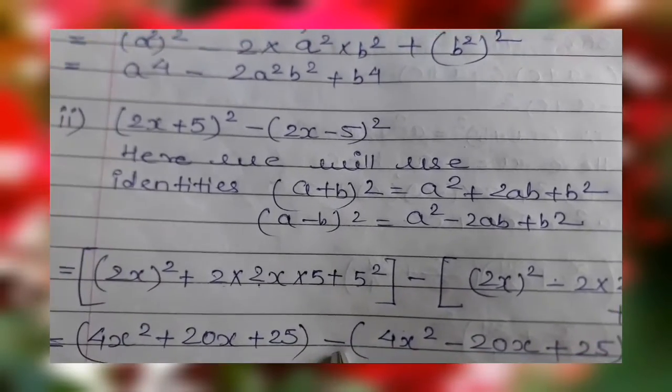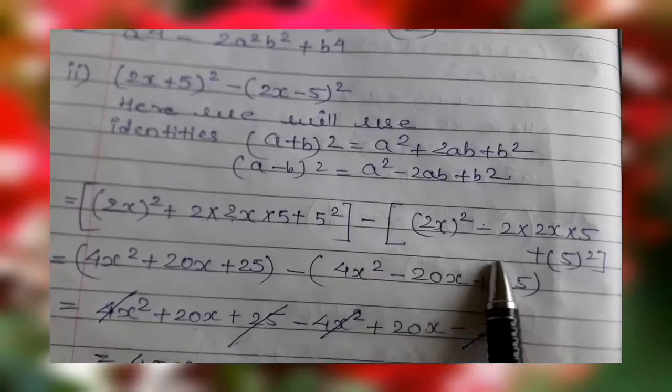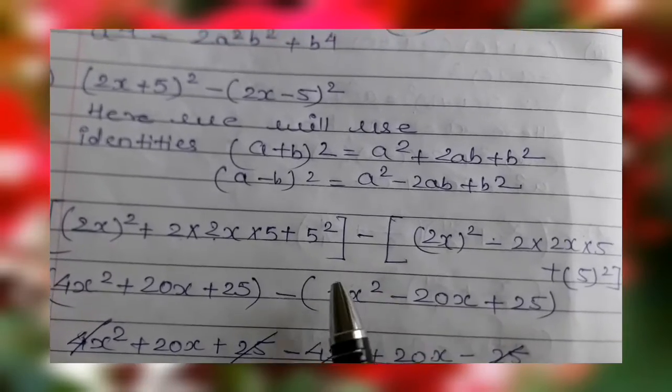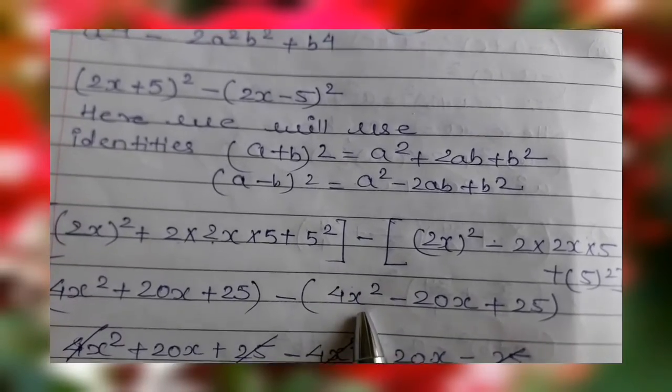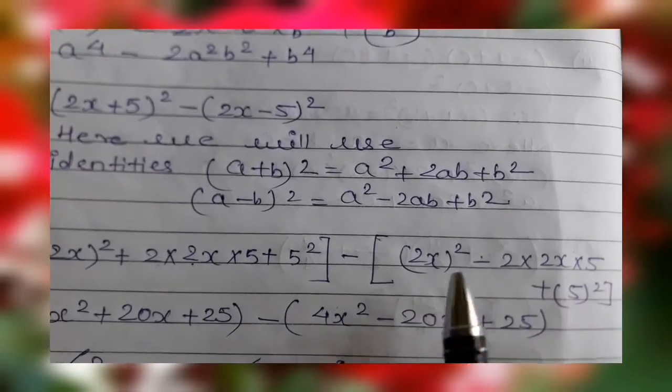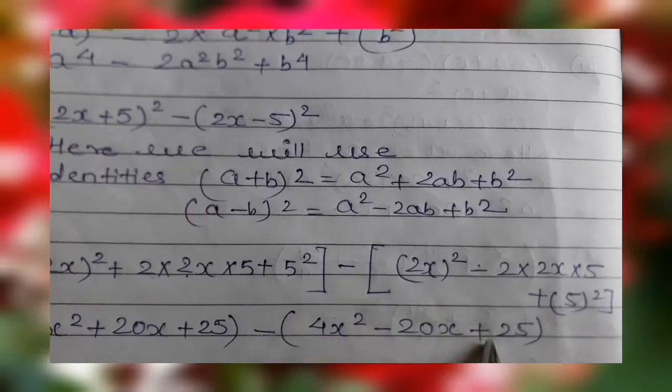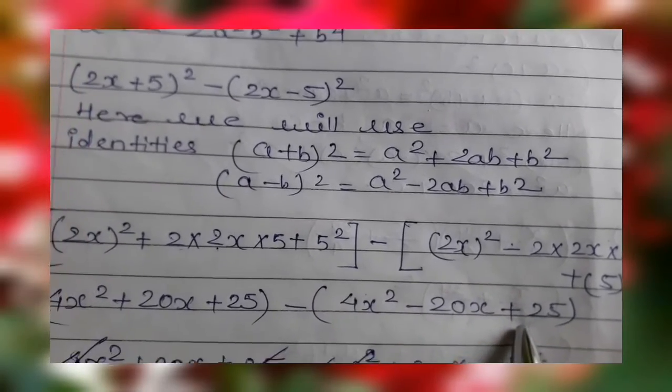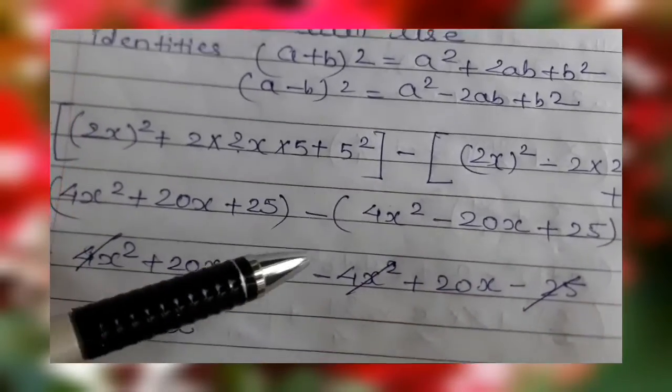Then minus, we'll put minus here, then again the square of this: the square of 2 is 4, the square of x is x², so 4x². Again when we multiply this, 2 2s are 4, 4 5s are 20x, then 5 squared is 25. Okay, now we'll open the bracket.